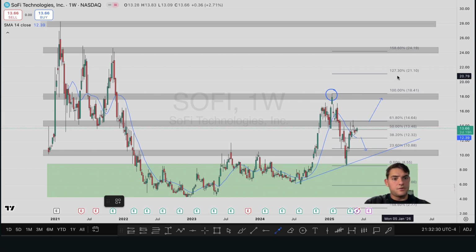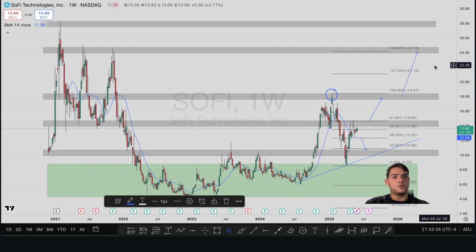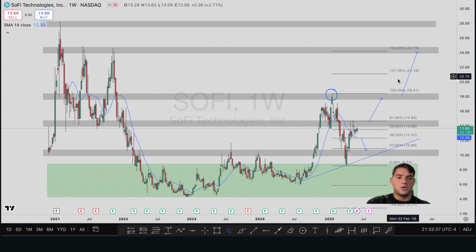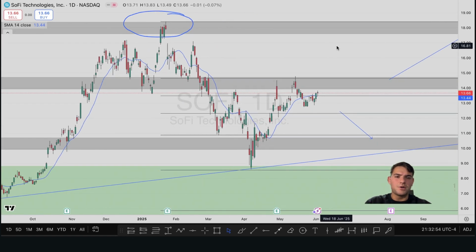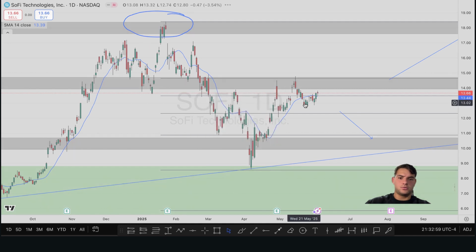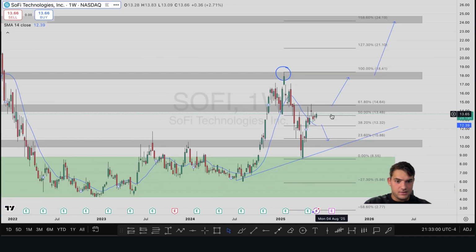If we break this 21 level, I think we go straight to 24. So first will be to break 18, then 21, and then 24 will be a nice target for SoFi. I don't think there's anything left. If we look at the daily chart, it looks good to me. Let's take this out.